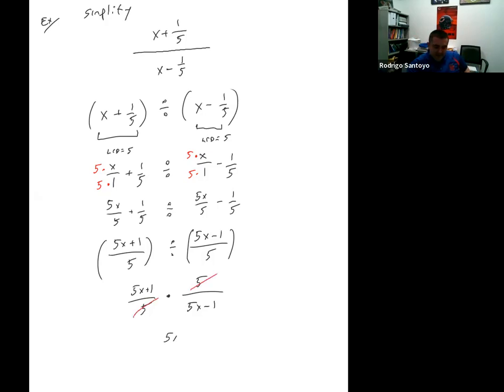Answer here is just 5x plus 1 over 5x minus 1. Any questions with that example? A nice example there to start with.